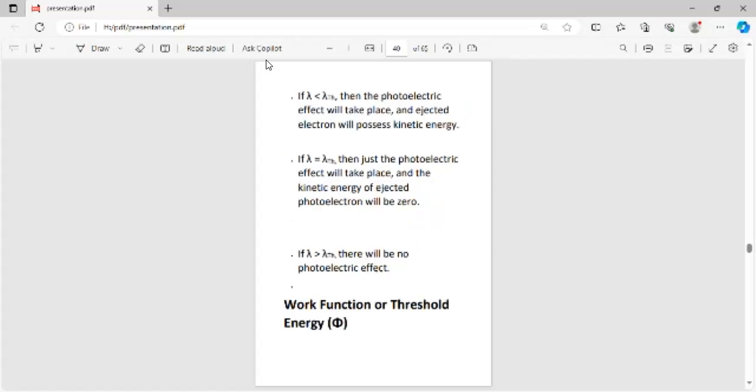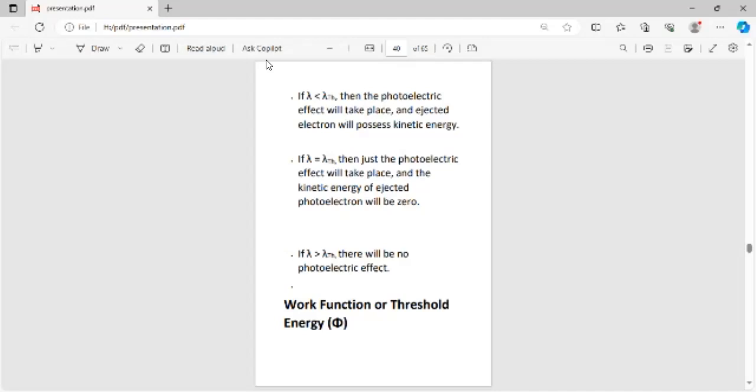If the incident wavelength is less than the threshold wavelength, then the photoelectric effect will take place and the ejected electrons have kinetic energy. If both are the same, the effect would occur but the kinetic energy would be zero. If the wavelength of the incident light is greater than the threshold wavelength, then no photoelectric effect would occur.